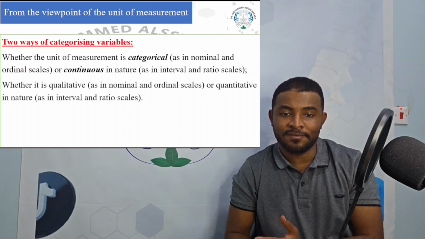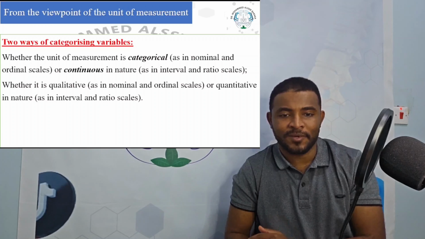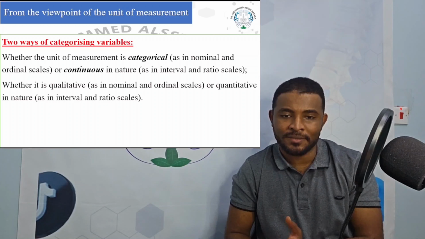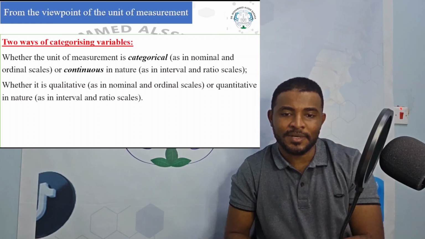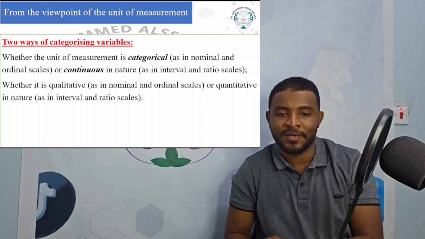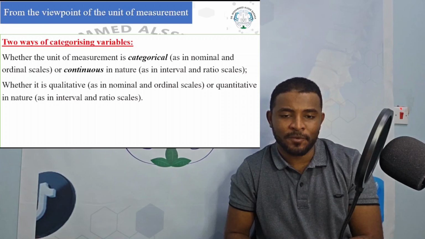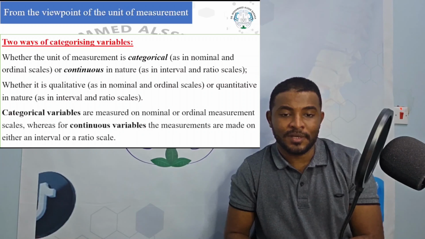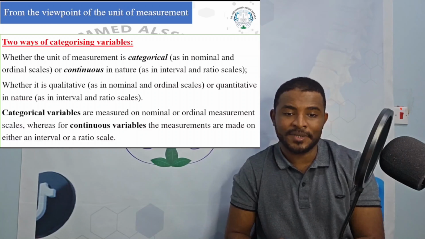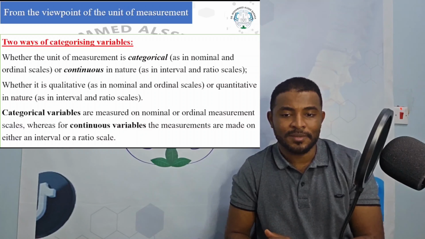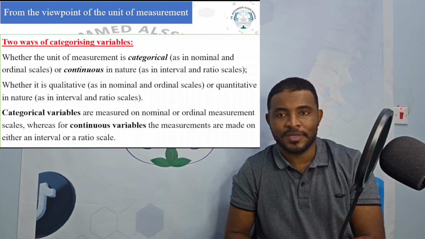Whether it is qualitative or quantitative: qualitative is in nominal and ordinal scales, the categorical part, and quantitative is in interval and ratio scales, the continuous. The categorical variables are measured on nominal or ordinal measurement scales, whereas for continuous, the measurements are made on either interval or ratio scales.